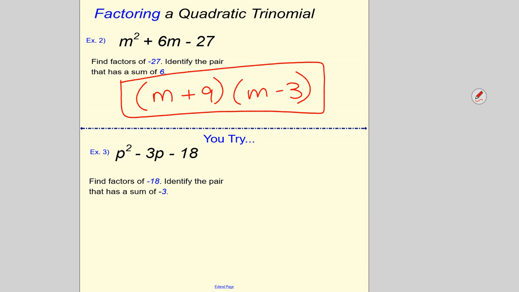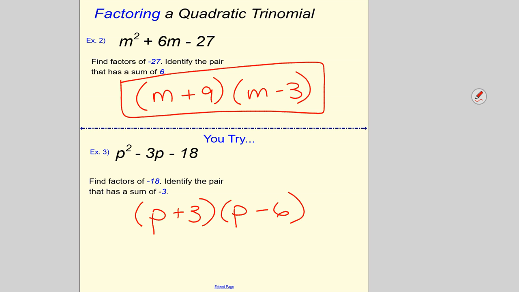All right, example 3, p squared minus 3p minus 18. Again, I want to multiply to negative 18 and add to negative 3. So what two numbers multiply to negative 18 and add to negative 3? Negative 6 and positive 3.